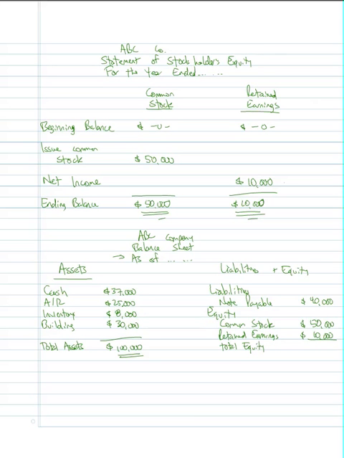We can subtotal our equity for a total equity of $60,000. And total liabilities and equity, $40,000 of liabilities plus $60,000 of equity is $100,000. Our balance sheet balances. That is good to know.